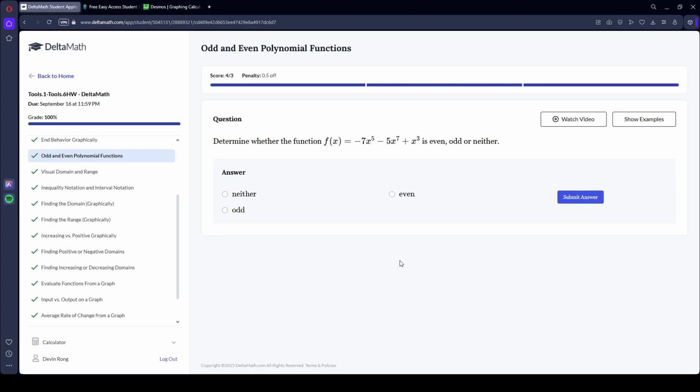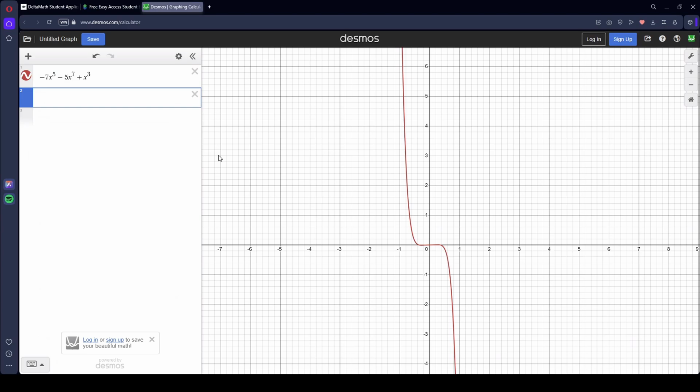Okay, first of all, let's check if it's even. How do you find if it's even? Well, we see if negative f of x is equal to f of negative x.